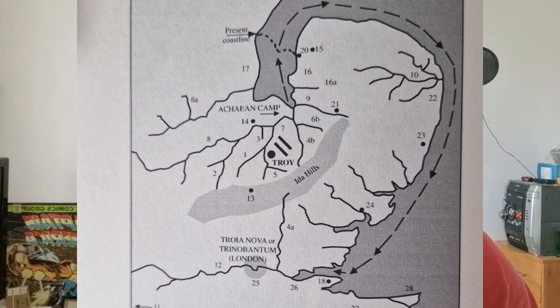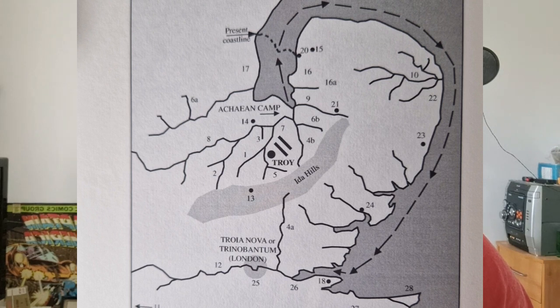We're going to be looking at the key to map 1. Well, technically it's map 2 of the book, but this is map 1 for this video. Rivers in the Troad. So number 1, we have the Rhesus or the Rhee. Number 2, we have the Heptaporus or Highs and Ivel.